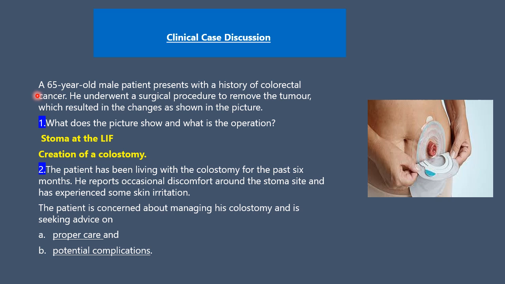Describe what you see in the picture. What does the picture show, and what is the operation that was done for the patient? The answer is a stoma at the left iliac fossa, and the operation done was the creation of a colostomy.